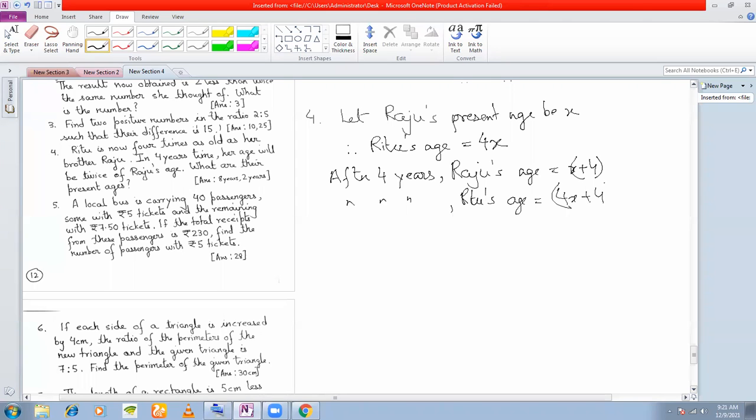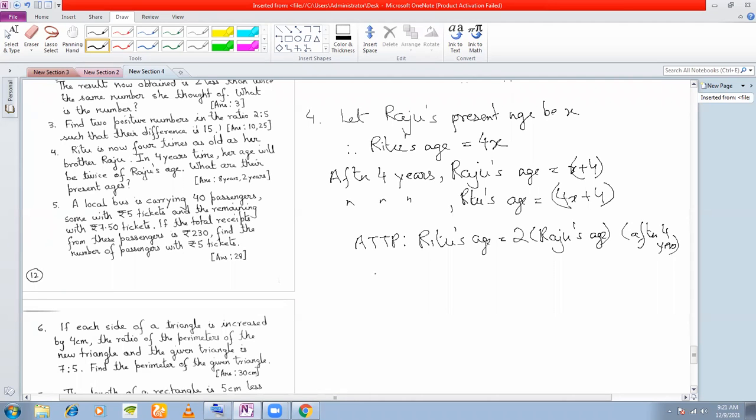Okay. Now, what is the relation between the ages given after 4 years? In 4 years' time, Ritu's age will be twice of Raju's age. That means after 4 years, Ritu's age is twice Raju's age.